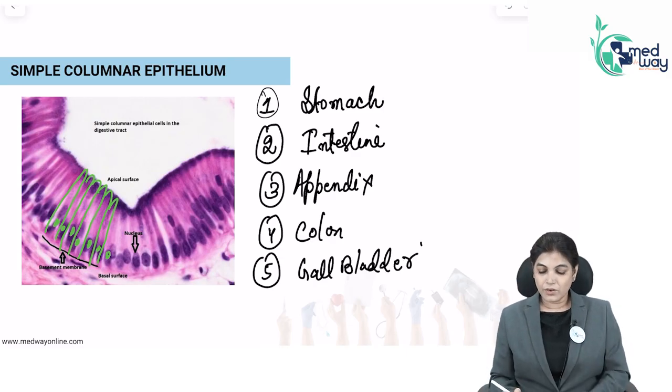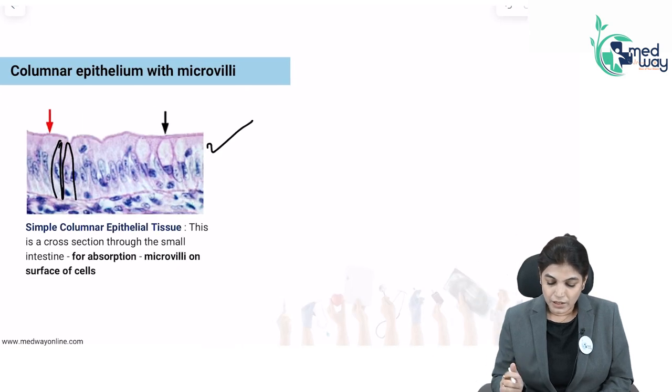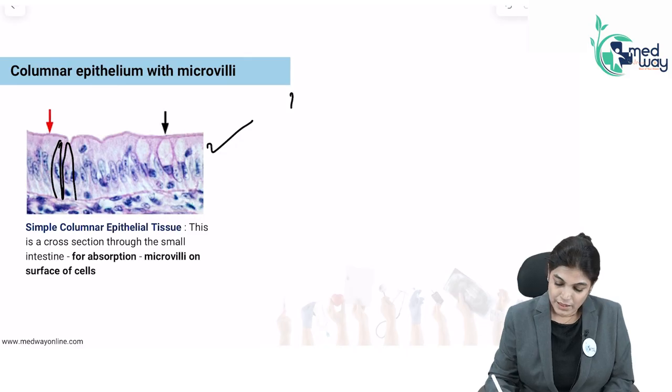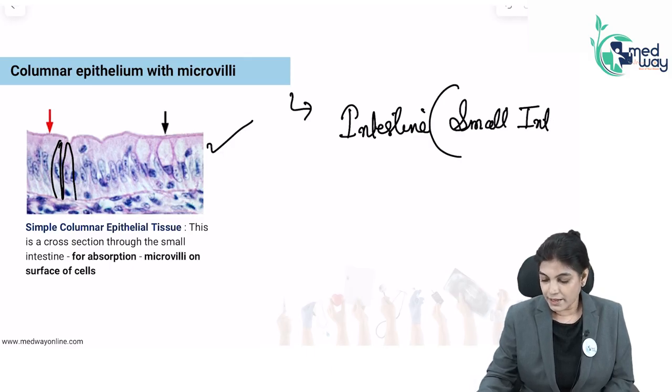All these linings have simple columnar epithelium. Other important is simple columnar epithelium with microvilli. This example is present in the small intestine.